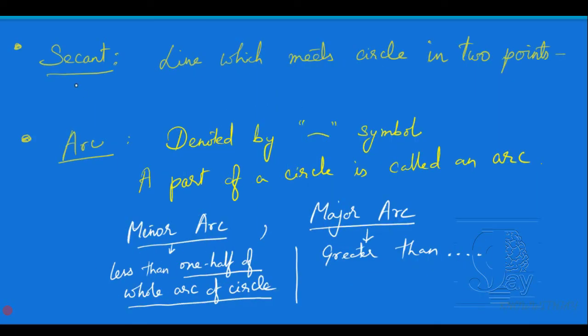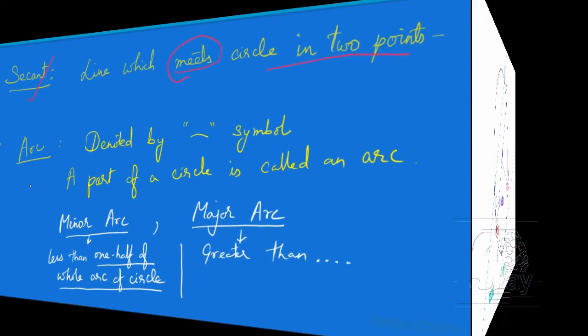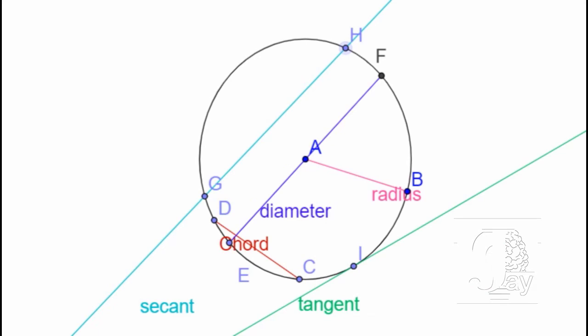The next one is secant, a line which meets the circle in 2 points. Okay, so the important part is it meets the circle. A line segment that meets the circle at any 2 points. In this case we have GH, and that line segment is known as secant.